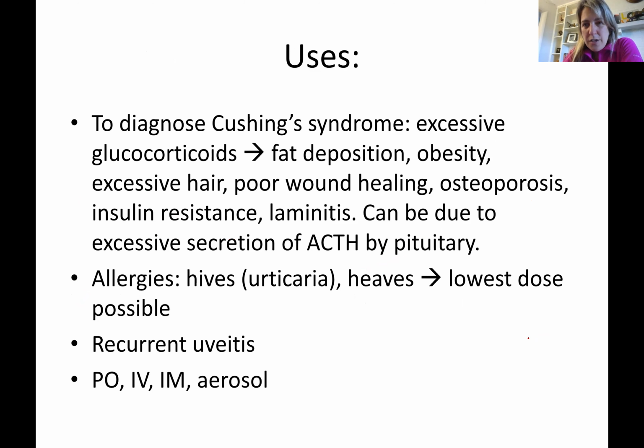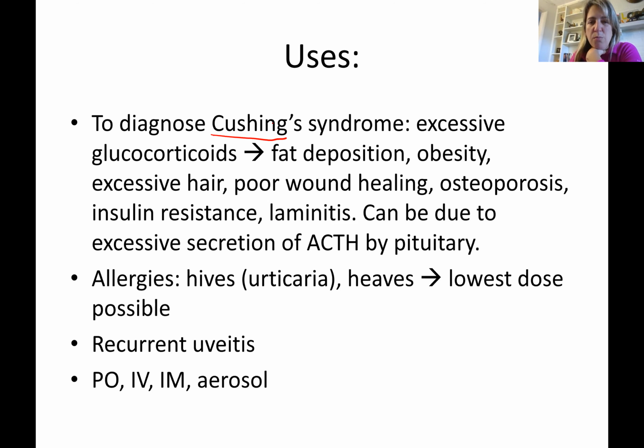What are the uses for steroidal anti-inflammatory drugs? One of them is to diagnose Cushing's, to diagnose PPID. This disease presents with excessive hair, called hirsutism, obesity, and fat deposition in different areas of the body.